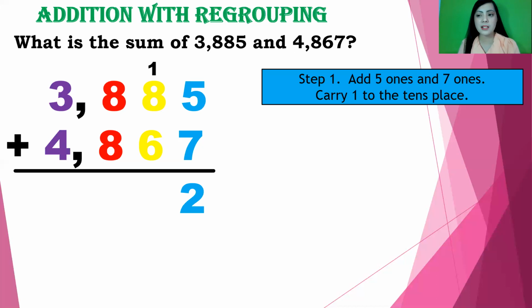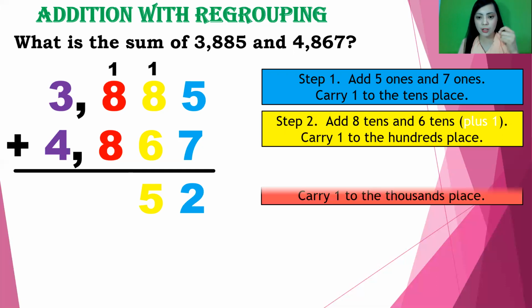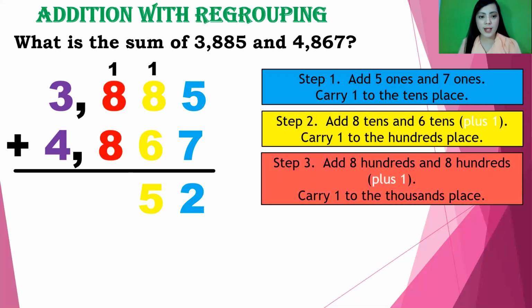So this time 8 plus 6 is equal to 14. Plus 1 on top of the 8 is 15. So what are you going to do? Carry 1 to the hundreds place. All right. Step number 3, 8 plus 8 is equal to 16 plus 1.